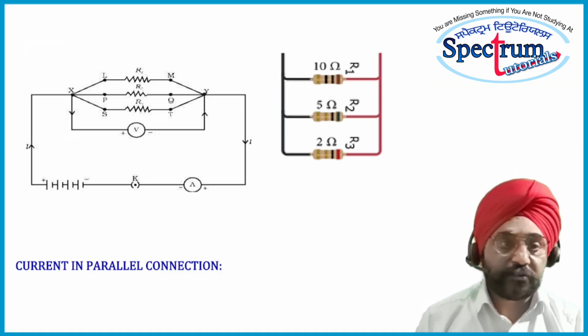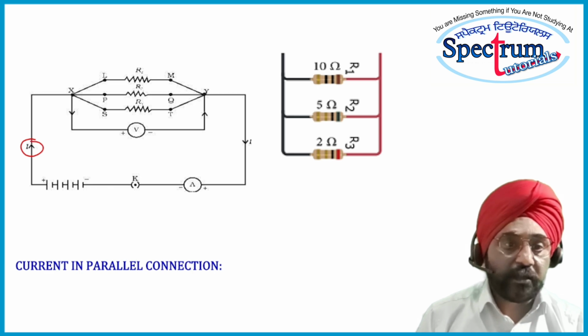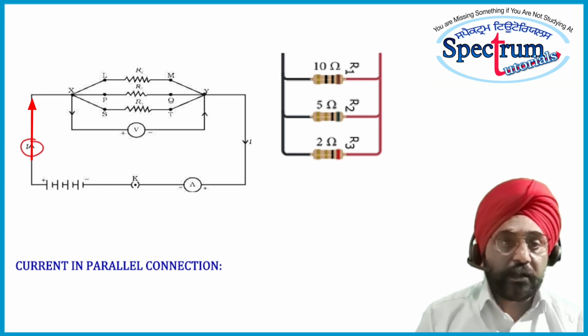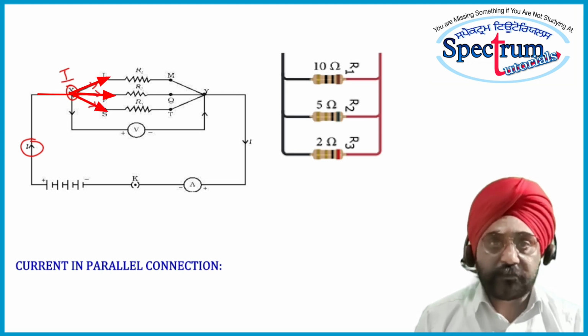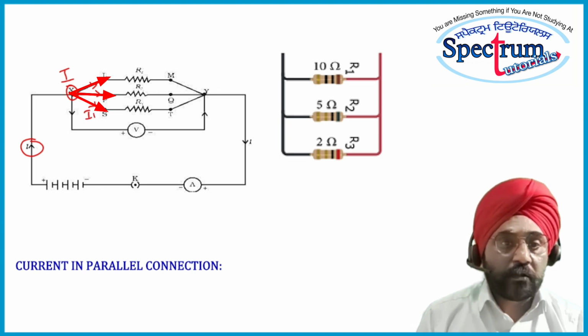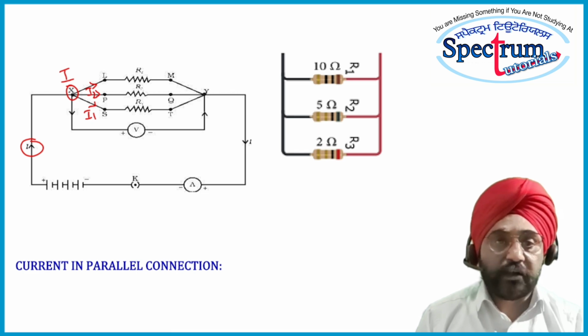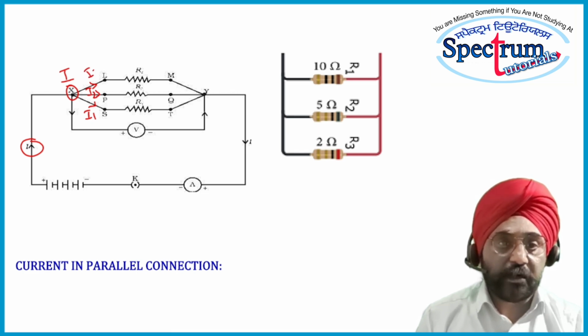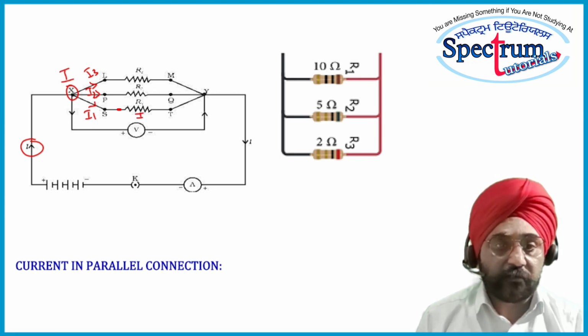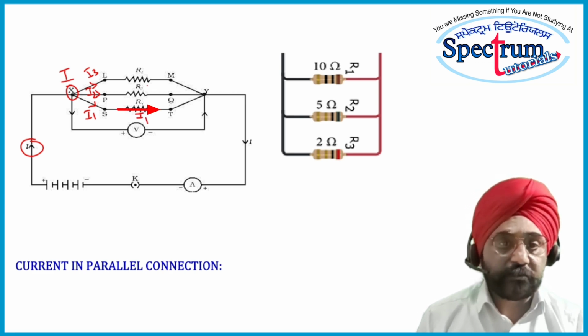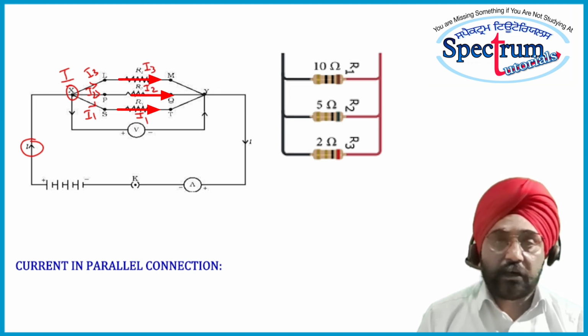Current in parallel connection. Here in the circuit diagram, we can see I current is flowing through here at X. The current is I, and from here current divides into three different paths. There are three different paths for current to move. I1 current moves towards S, I2 current moves towards P, and I3 current moves through L. So we can see here in resistance R1 the current is I1, in resistance R2 the current is I2, and in resistance R3 current is I3.